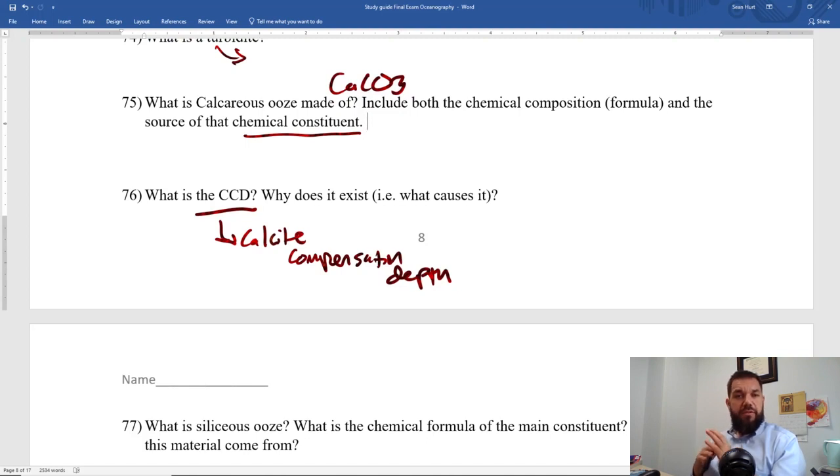And part of the reason, we talked about this in the class, has to do with the fact that a lot of the photosynthetic life that exists in the shallow water in the photic zone is using up that carbon dioxide.